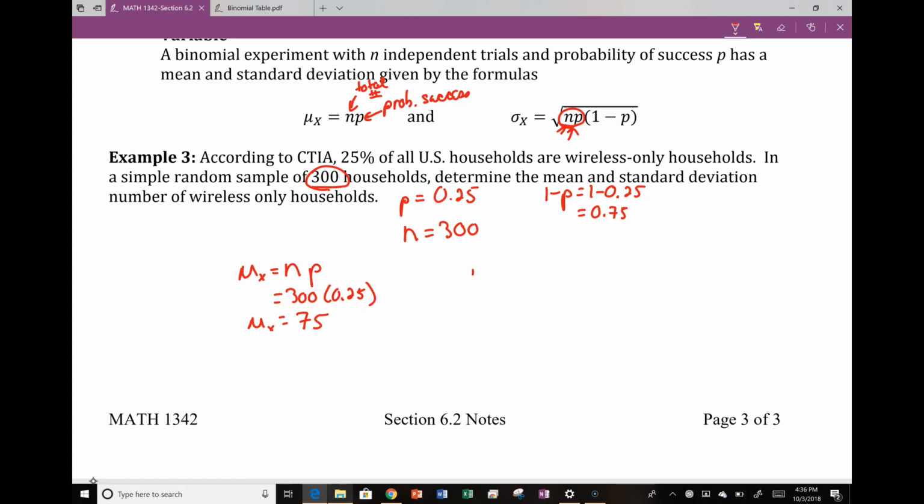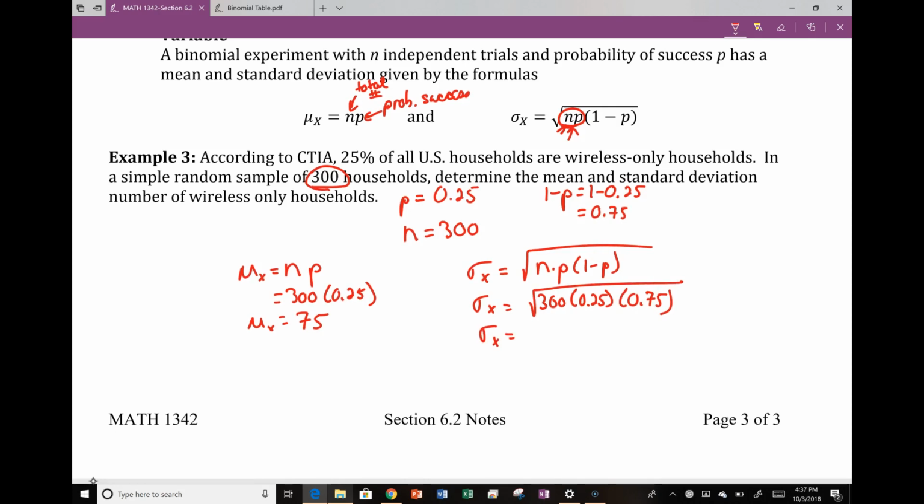Now if I want the standard deviation, I'm going to take the square root of n times p times 1 minus p. Well, our n, again, is 300. Our p is 0.25. Our 1 minus p is 0.75. And I'm going to take the square root.